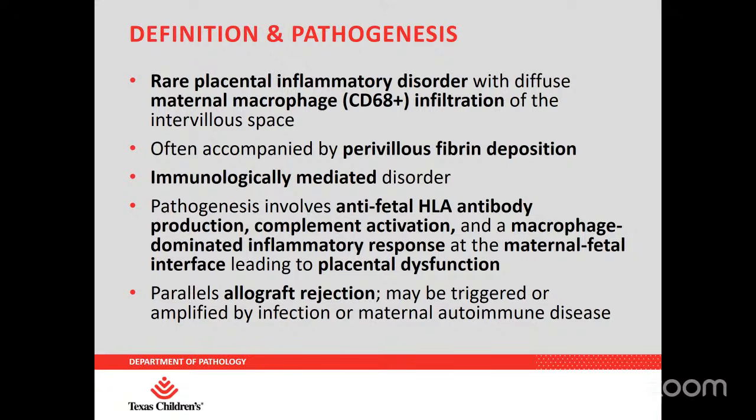Molecular studies have shown upregulation of interferon gamma and HLA class 2 genes consistent with a macrophage-driven alloimmune process and the breakdown of this fetal-maternal tolerance. In essence, CHI represents a placental analogue of graft rejection, sometimes exacerbated by maternal autoimmune or inflammatory states.